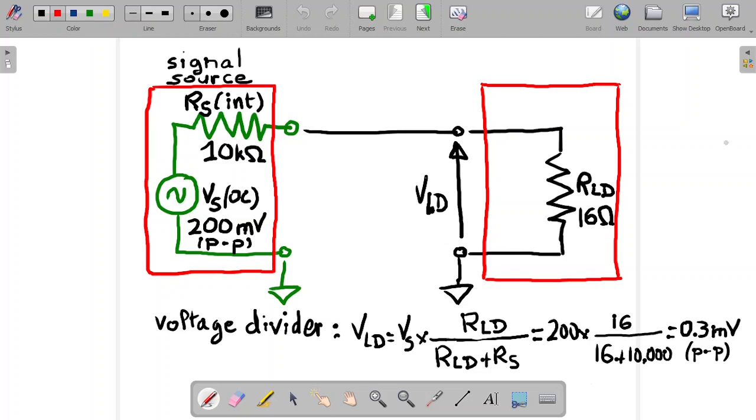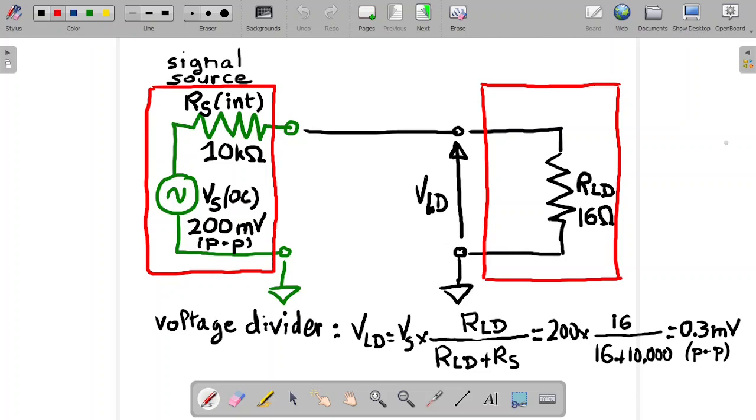OC means open circuit, because there is an internal resistance attached, RSINT. So the VS is 200 millivolt peak to peak. It's an AC signal, and you have an internal resistance, which is, for instance, 10k ohm.